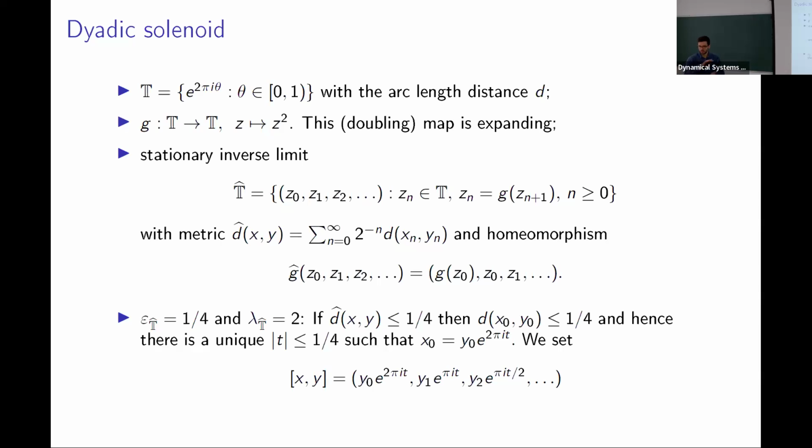So it's more important what happens in the first coordinates, and then less important. The homeomorphism produced by this doubling map g on the inverse limit is simply having g acting on each of the entries.